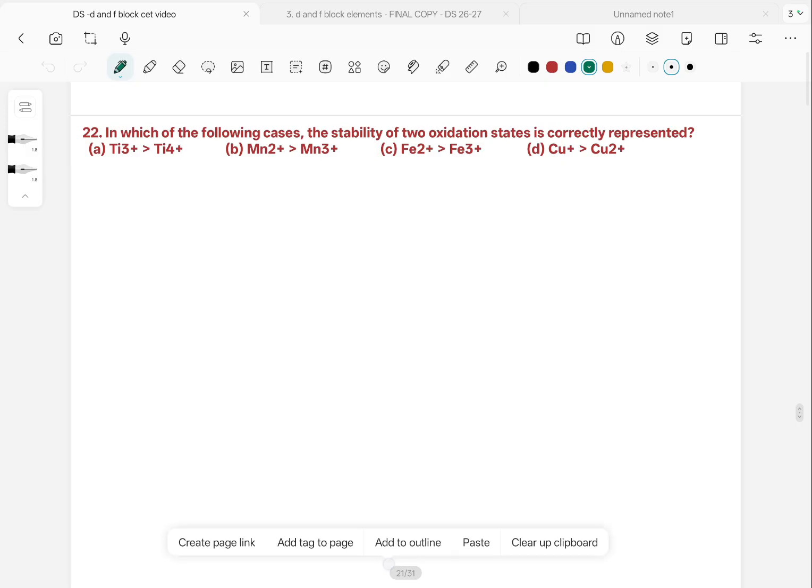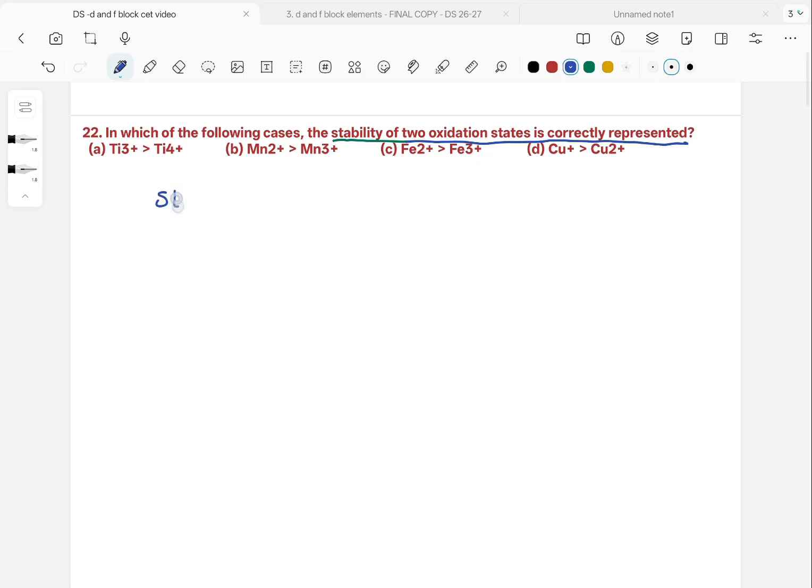In this question, we are asked for the stability of the two oxidation states correctly represented. Stability can be understood with respect to electronic configuration and hydration enthalpy.